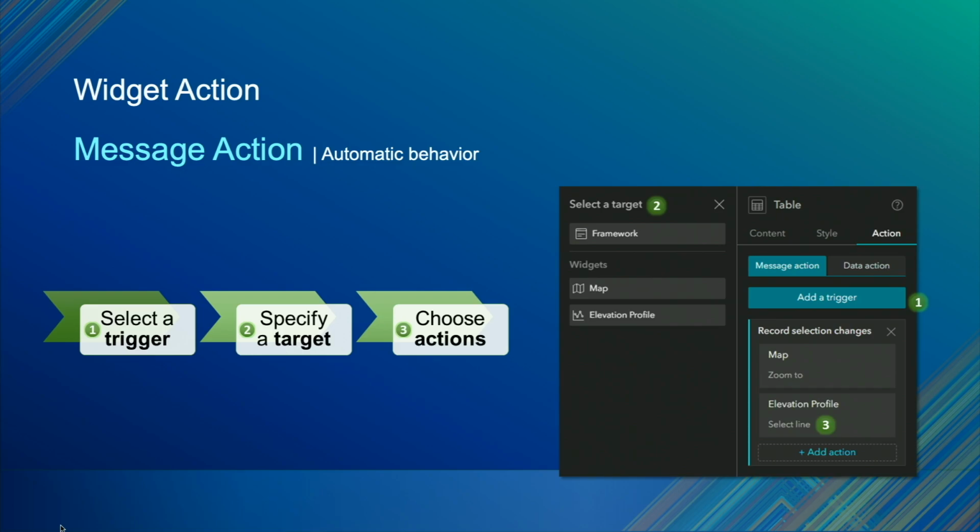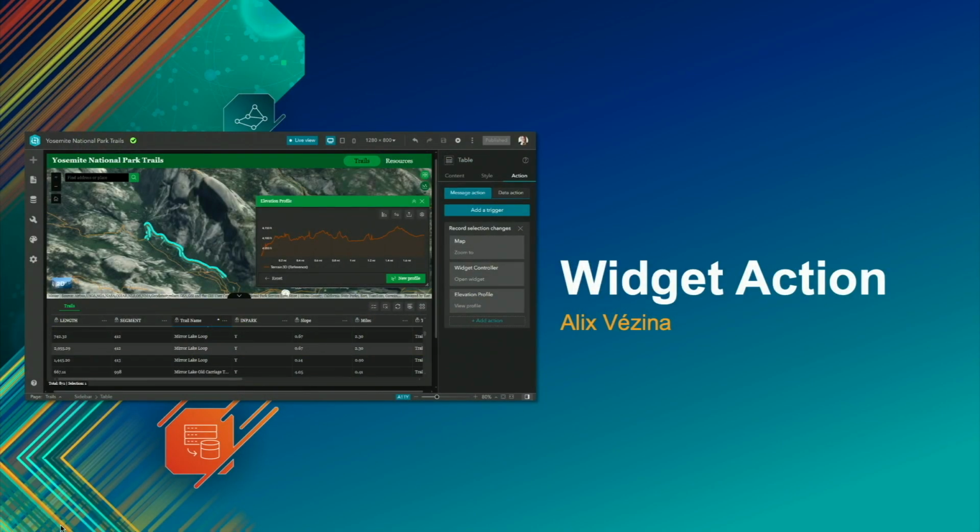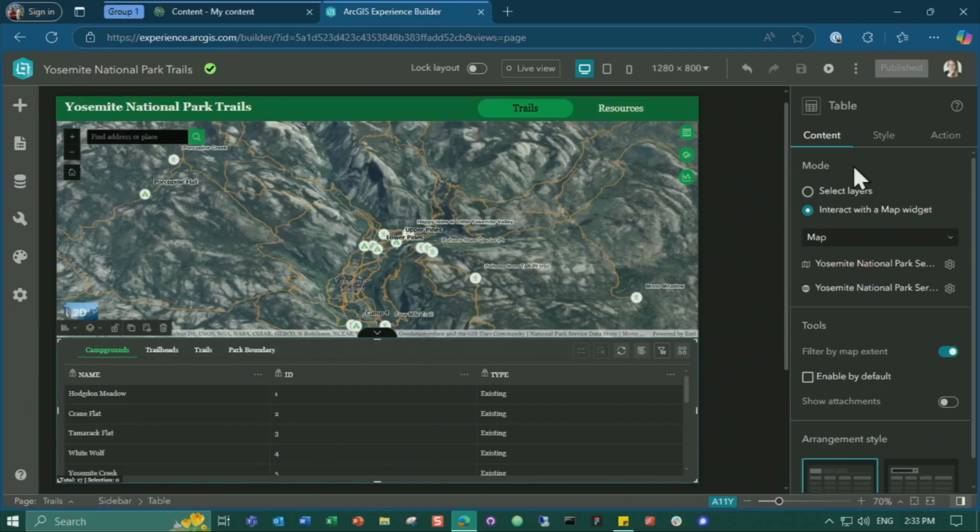It consists of 3 parts: trigger, target, and actions. Alex will demonstrate how actions work. Okay, so taking the application that we started earlier, let's set up some more actions for widgets.